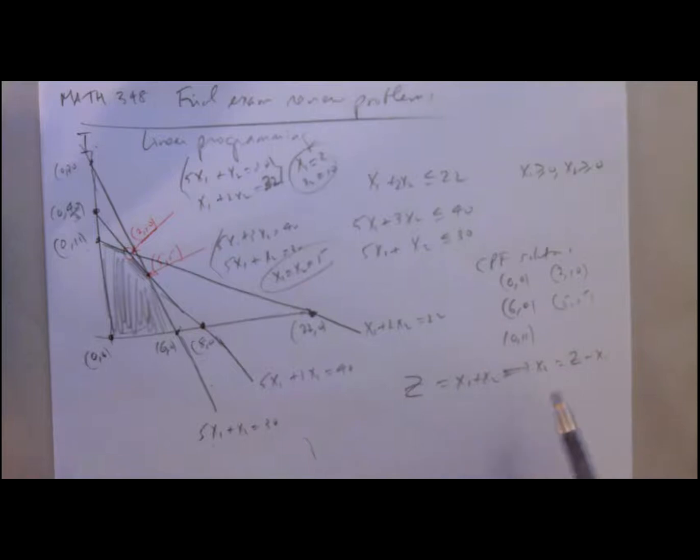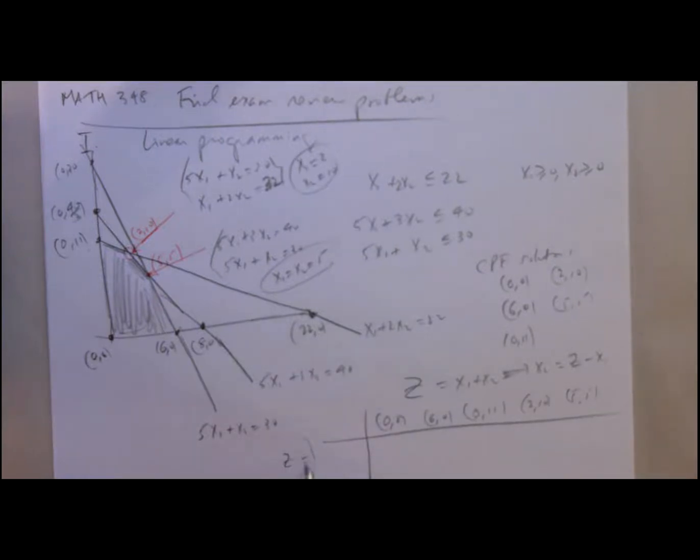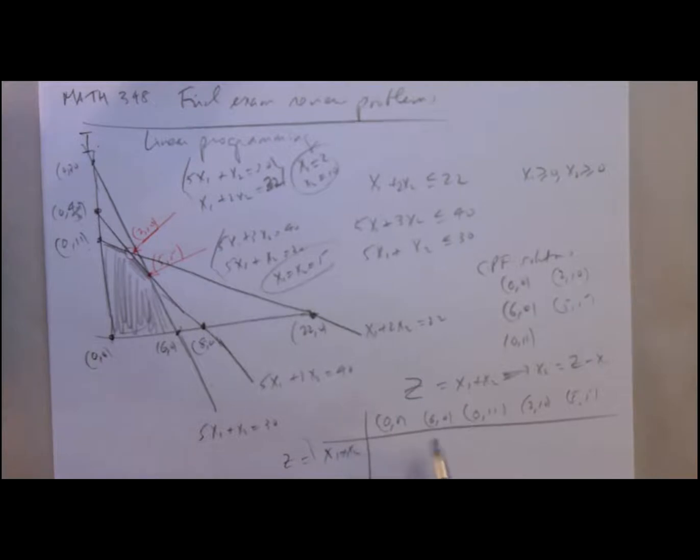If you also evaluate each of these corner point feasible solutions, (0, 0), (6, 0), (0, 11), (2, 10), and (5, 5), with z equal to x1 plus x2, you get 0, 6, 11, 12, 10.